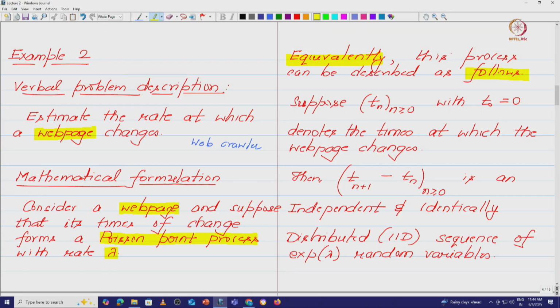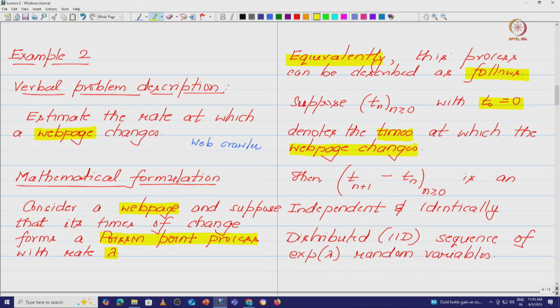Suppose Tn, n greater than or equal to 0. So this is a sequence of time instances, that is you have T0, T1, T2, T3 and so on and so forth, and for simplicity we will presume that T0 is 0. Suppose that this sequence of time instances denotes the times at which the web page changes.